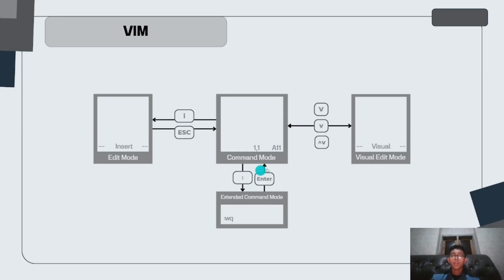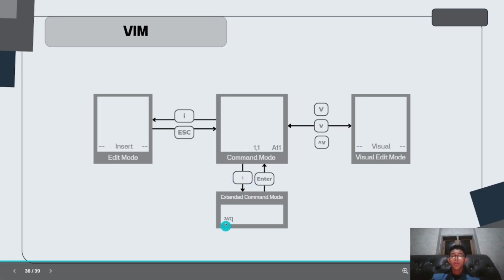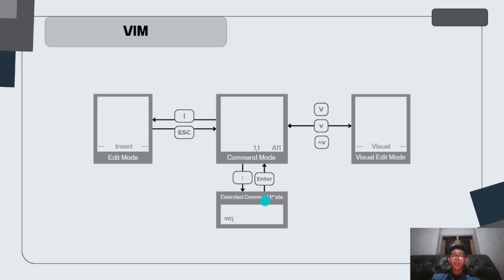And when you want to save the file that you have been editing, you can use colon and then W and then Q, which is write and quit, and then you can just click enter, and it will automatically save, and it will automatically get out from the file.